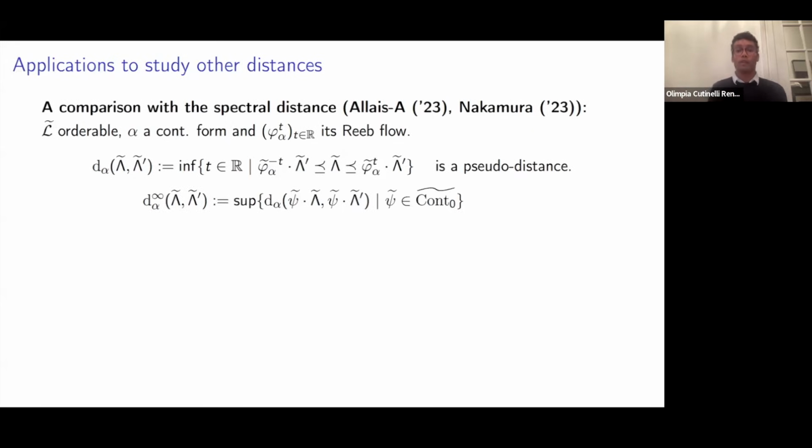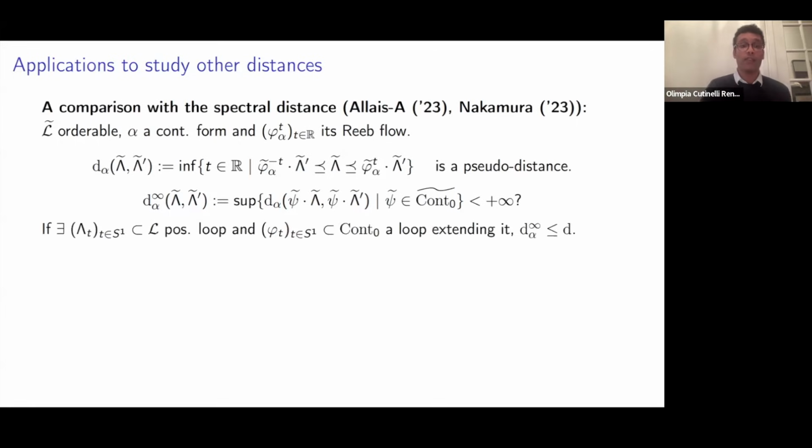And an easy way to make it invariant is just by taking the supremum over all contactomorphisms psi of the distance between lambda and psi lambda prime. But then by doing so, maybe you just get plus infinity.